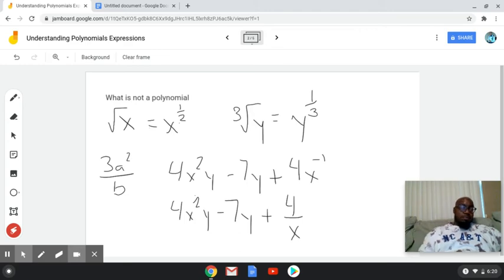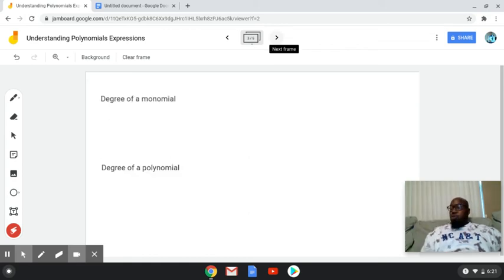So these are all examples of what is not a polynomial. Okay, let's talk about the degree of something. The degree of a monomial is the sum of all of the variables, I'm sorry, it's the sum of the exponents of all of the variables.